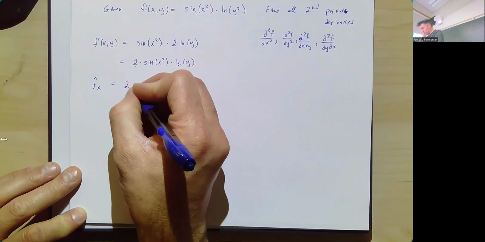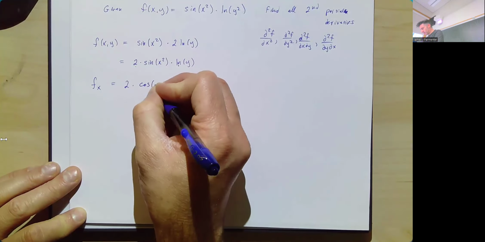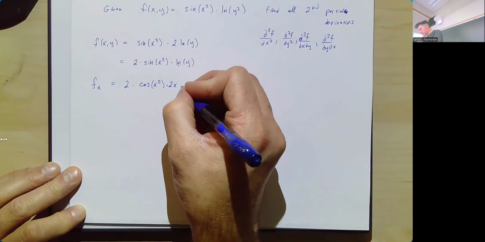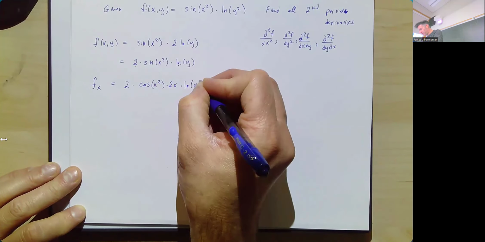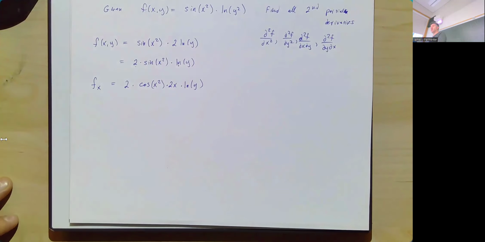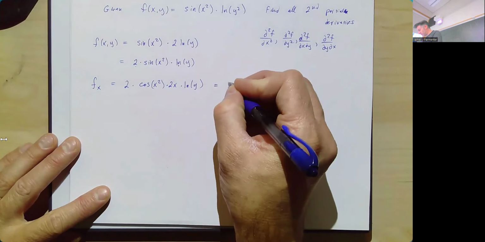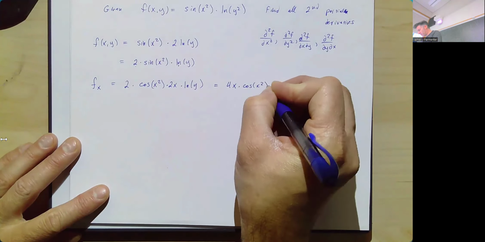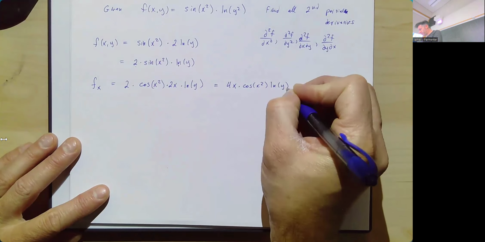So I'm going to get 2 times cosine of my stuff times the derivative of that inside stuff, and then still times the constant natural log of y. And since I know I'm going to have to take a second derivative here, it is in my interest to simplify this and make it a little bit easier to deal with. So I'm going to rewrite this as 4 times x times cosine of x squared times natural log of y.